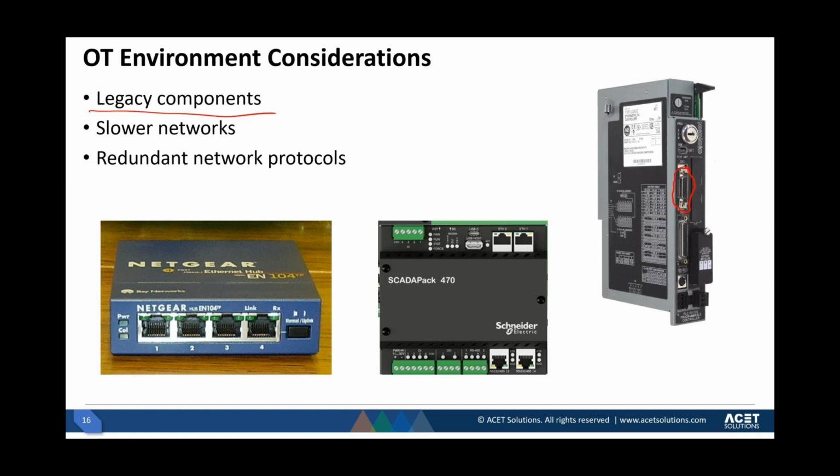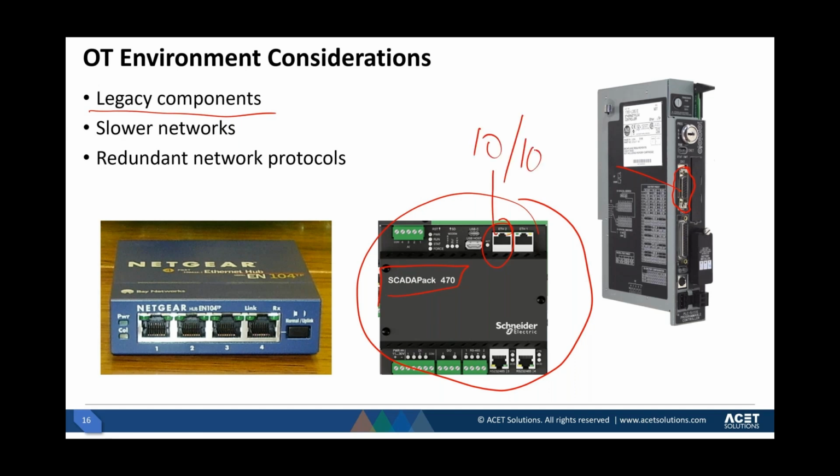So you will still see a lot of those legacy PLCs that have either a very old Ethernet port, or even if you have this particular PLC, I have myself observed it installed in certain facilities. So this is firsthand. These ports are 10/100 MB. Most of the IT guys, if it's anything less than 1 gig, they think it's too slow.